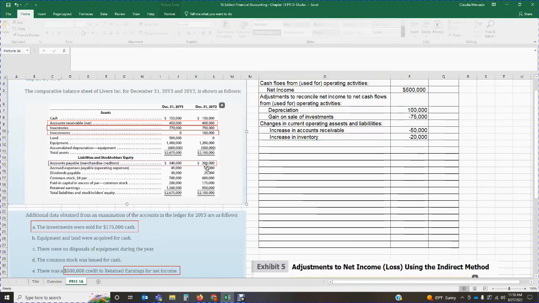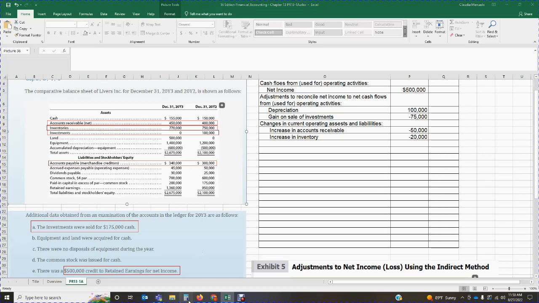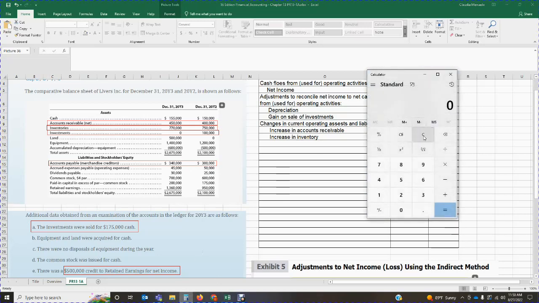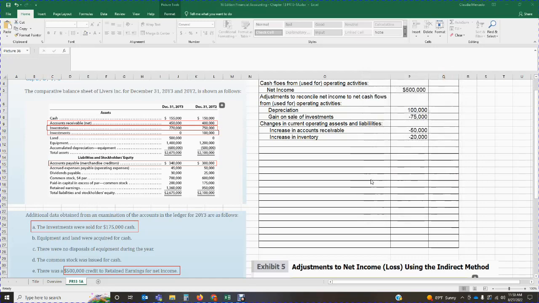Last year I had 300,000 in accounts payable. This year I have 340,000. Accounts payable is basically anything that we owe. This is debt. So my debt increased from $300,000 to $340,000. That means my accounts payable increased by $40,000.